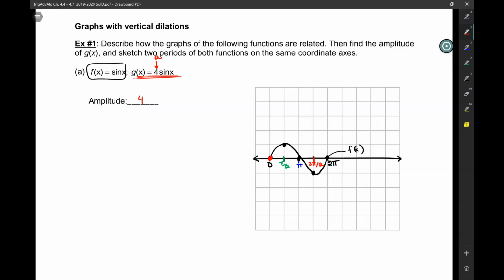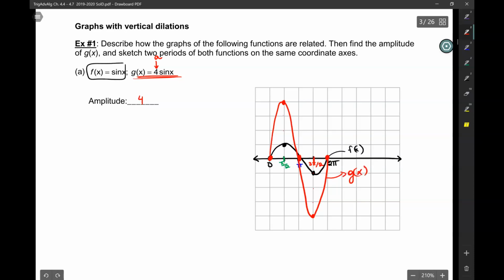Now that the amplitude is 4, instead of going up 1, I have to go up 1, 2, 3, 4. And then to 0, down 4, and then to 0. So again, you have 0, maximum, 0, minimum, 0. It oscillates, goes back and forth. And this is g of x.